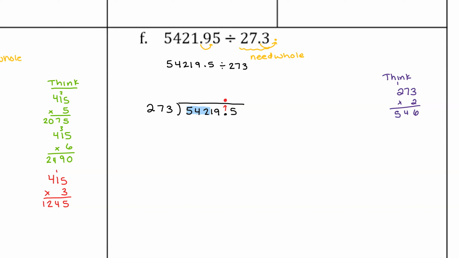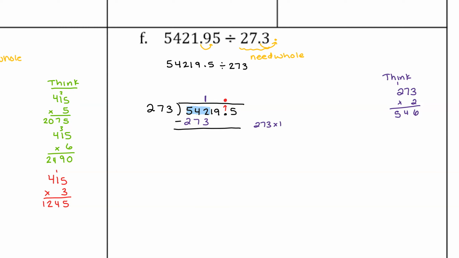So it must be 1. So right above this 2, I'm going to put a 1. And then I'm going to multiply 273 by 1. And that's what's going to go under here for subtraction. So 542 minus 273. Remember, if you need to borrow, you borrow 10 from the digit to the left.